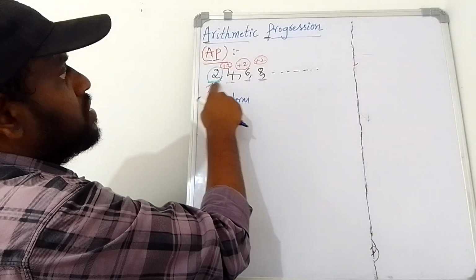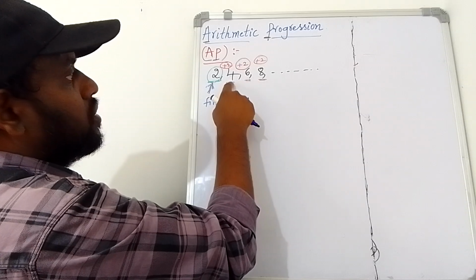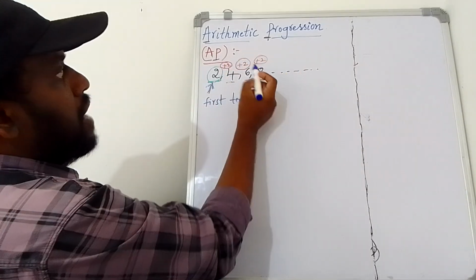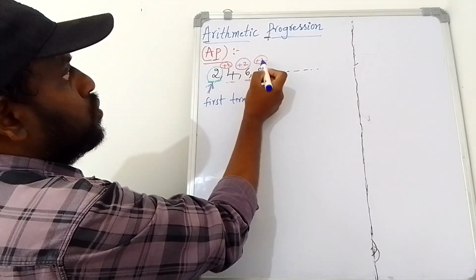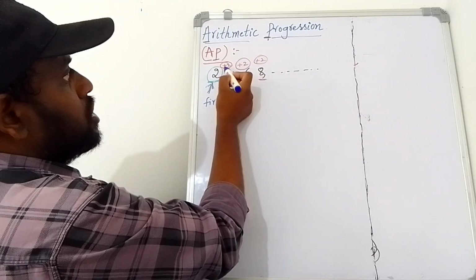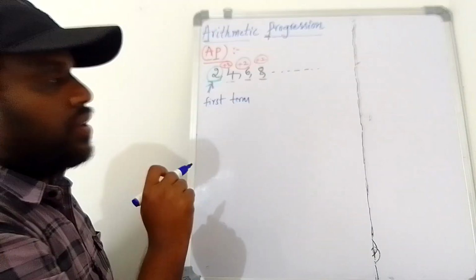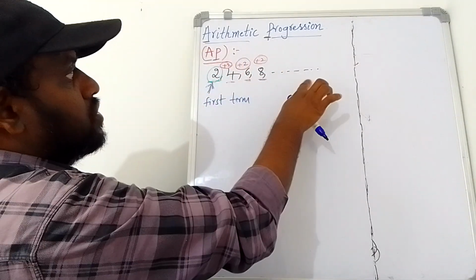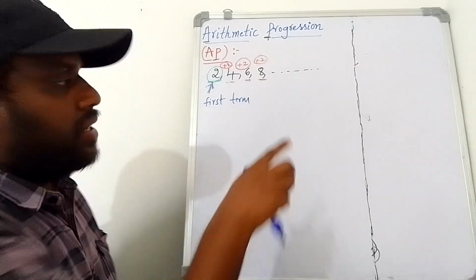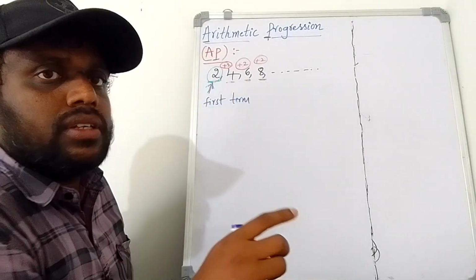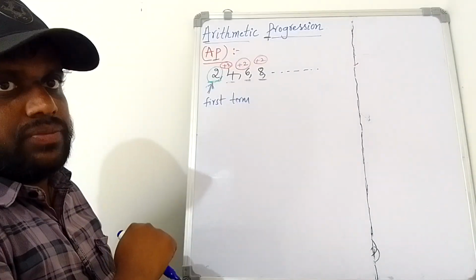For 4 this is the previous term, for 6 this is the previous term. To previous terms we added a fixed number: here plus 2, here also plus 2, here also plus 2. Then this list of numbers is called an AP, arithmetic progression.